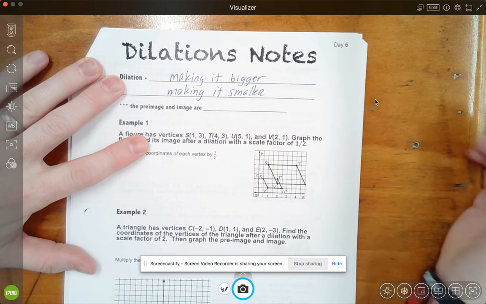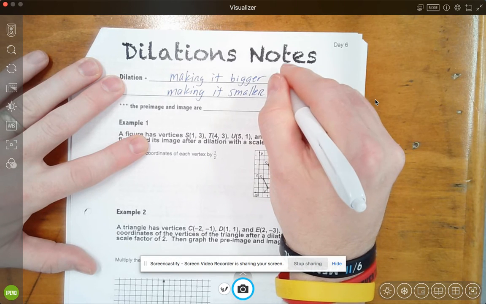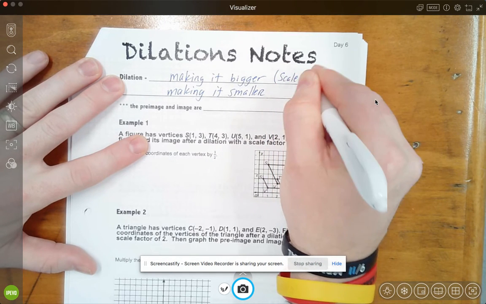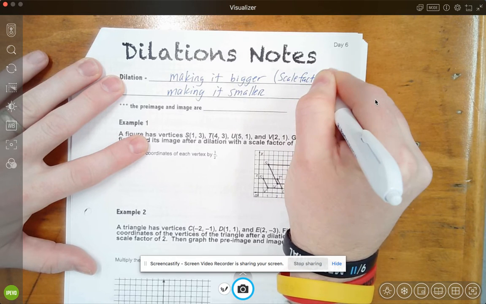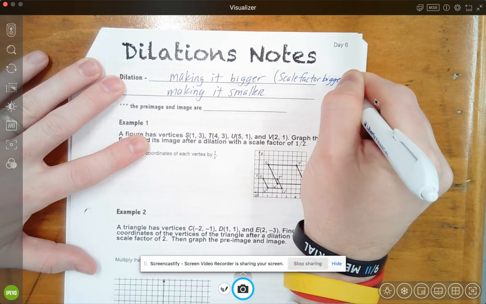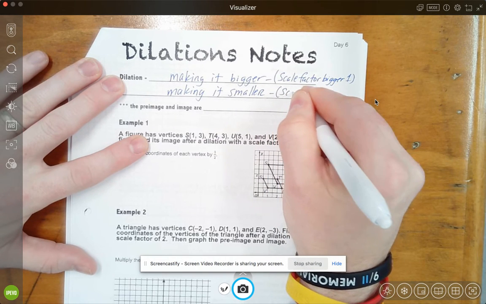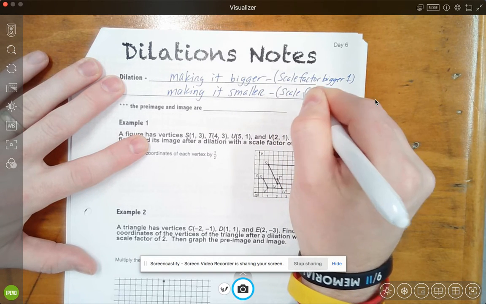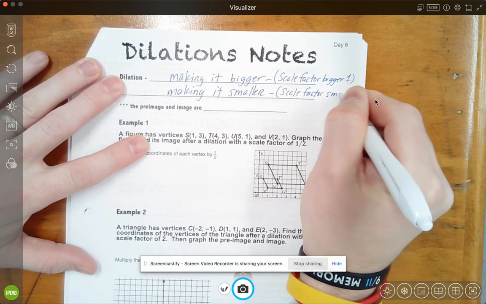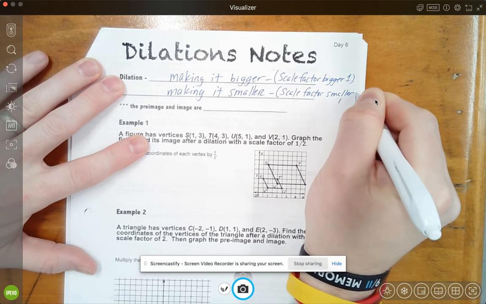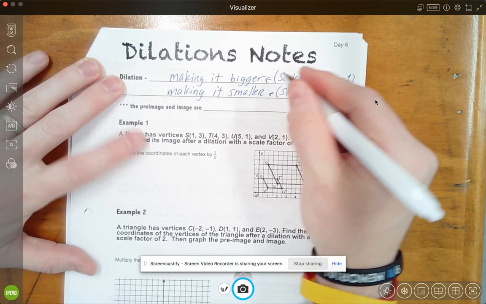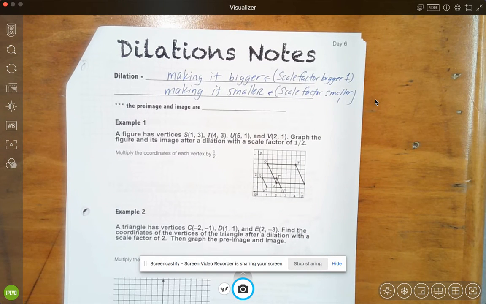So if you have a scale factor bigger than 1, it makes it bigger. If your scale factor is smaller than 1, your shape is going to get smaller. Okay, so what happens here is these things are going to either shrink or they're going to expand.